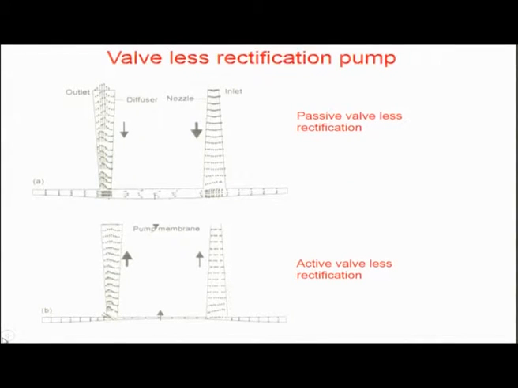So the first type of fluid actuator which is going to cause pumping comes in the form of valveless rectification pumps, where there can be either a passive design or an active design. Here in this particular case, you may realize that there is a change in the cross sectional area from the inlet side and the outlet side.